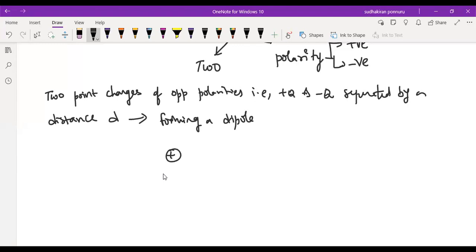So plus Q charge and minus Q charge, if they are separated by a distance d, then this is called a dipole.